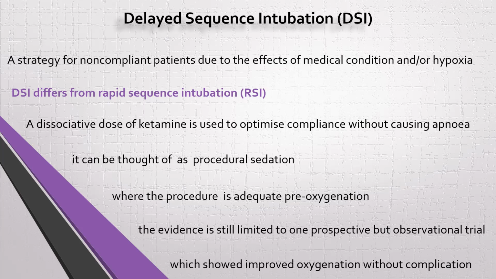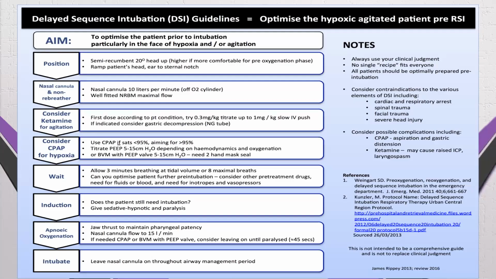The evidence is still limited to one prospective observational trial, which showed improved oxygenation without complication. So let's now see how ideally to do delayed sequence intubation. This is a guideline published in 2011 and reviewed in 2016 for delayed sequence intubation, which equals optimizing the hypoxic, agitated patient before rapid sequence intubation.